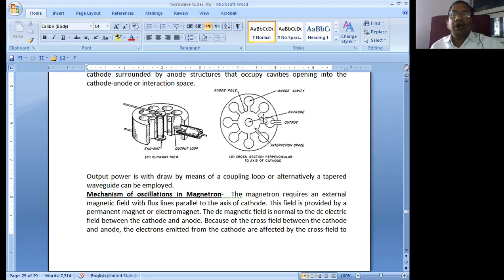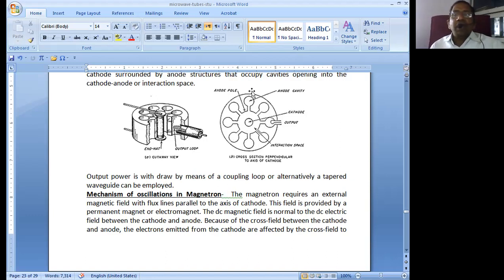All these are connected with a positive polarity, therefore we call it an anode. Anode is positive polarity, and the cathode is always negative polarity. This circle is a rod, which is a conductor that supplies the DC electrons from the electron gun.